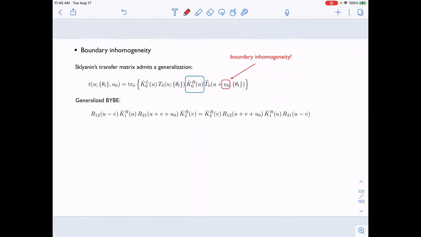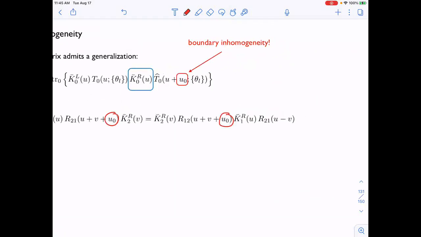Note that this K matrix, which now has a bar, doesn't satisfy the usual boundary Yang-Baxter equation. It obeys a slightly generalized one, because now this boundary inhomogeneity appears here. By the way, I should probably have drawn the picture.